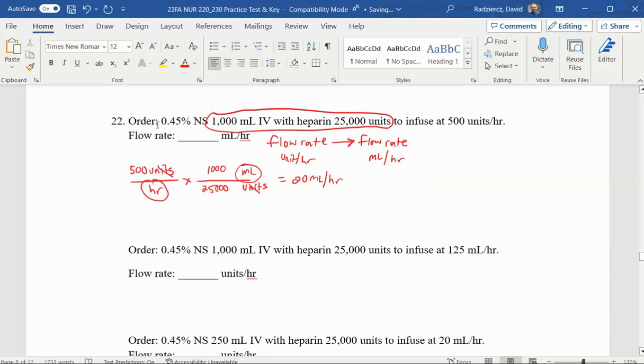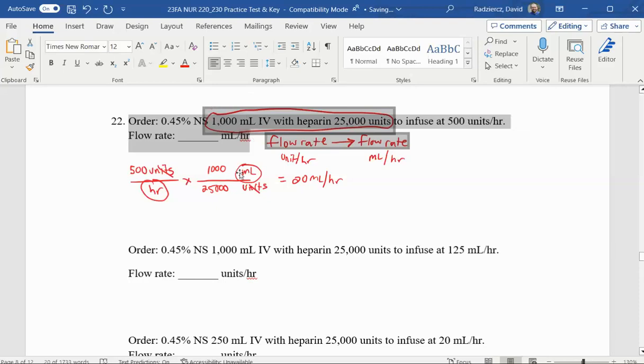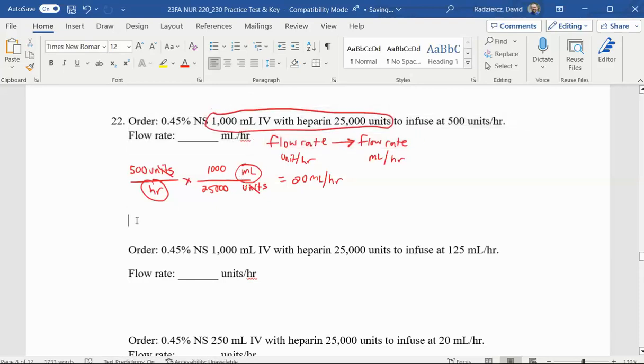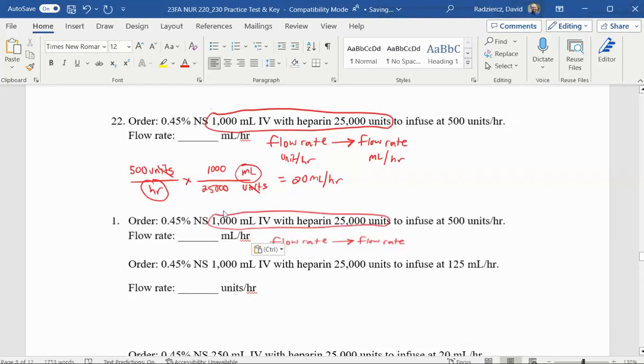Now let's say I had a question that was similar, but it was asking me this in the reverse. So let me see if I can do that. So give me 1 second.